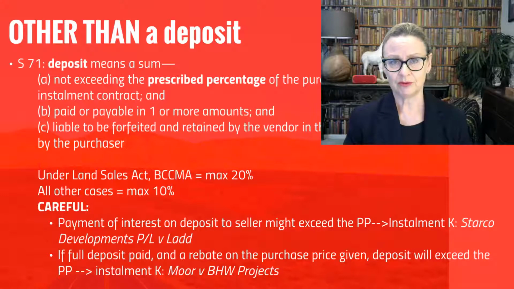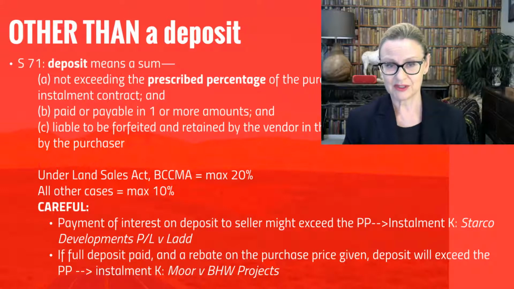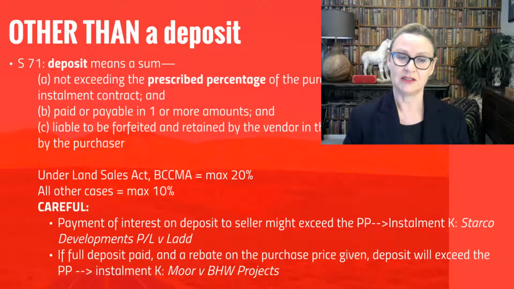Similarly, if the buyer has already paid a full deposit up to the prescribed percentage and then the seller offers an inducement saying, look, the moment you pay your full deposit, I will immediately give you a rebate on the purchase price, then unfortunately that full deposit that was up to the maximum prescribed percentage is going to go over the prescribed percentage because of the rebate, and therefore you're going to be in instalment contract territory yet again.